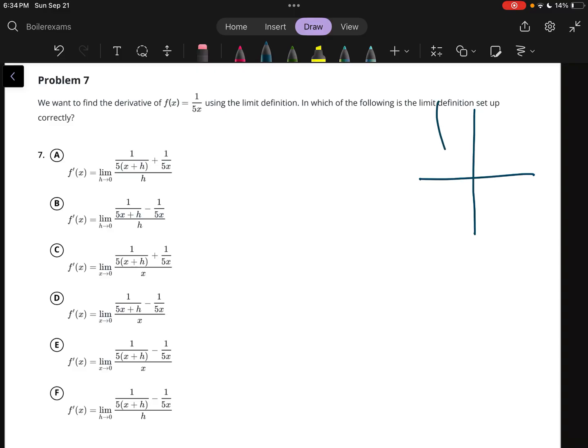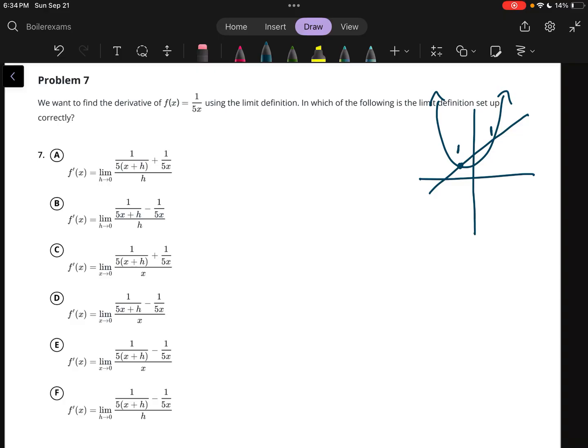So let's say I'm going to draw my f of x. The definition of a derivative is basically, we assume we have a secant. A secant is a line that can intersect a graph more than once, and we want to find the slope of this secant. Okay, and we consider, what happens if I make the distance between these two points that I just marked smaller and smaller?